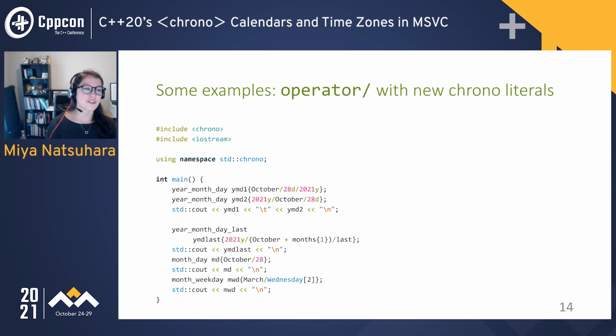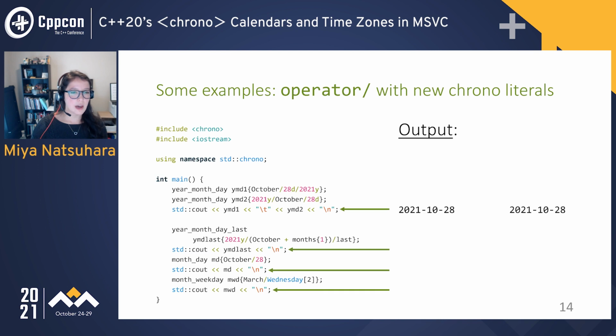That operator slash overload is there. Now I can create the same date, which is today, in two different ways. Again, chrono is trying to match whatever format of dates works for you. And if I print this out, I'll get the same day out of it. Under the hood, the same exact type is created, but we're trying to work with you to deal with things the way that you want to deal with them, write them out in the way that you're used to.